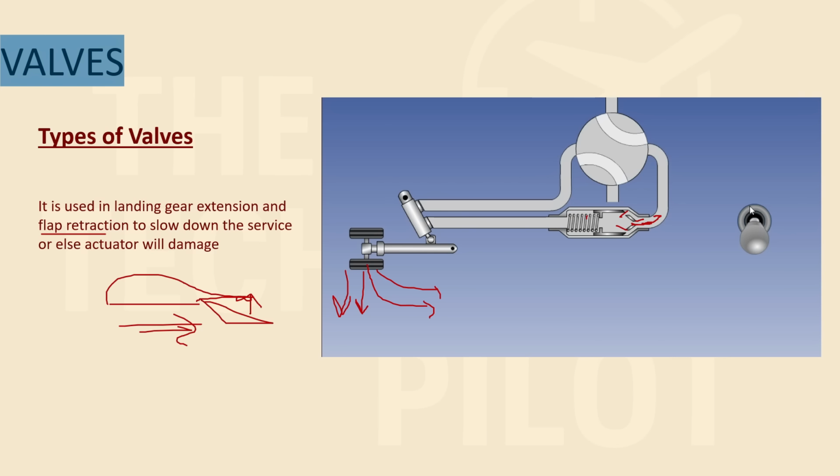That is why we have a restrictor valve there. And why do we want it to not move so quickly? If the landing gear just falls down, that is also fine, so what is the issue? The issue is that it can damage the actuators. If a particular surface moves very fast, it can damage the actuators.